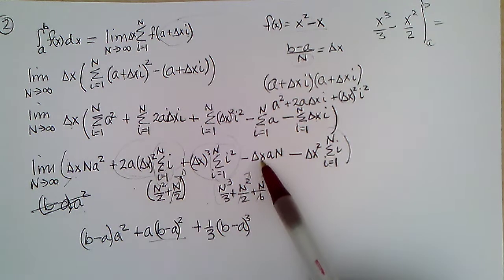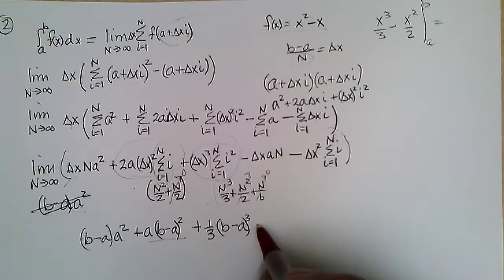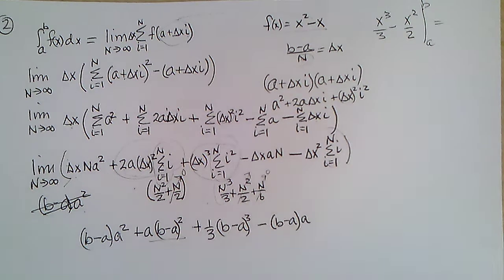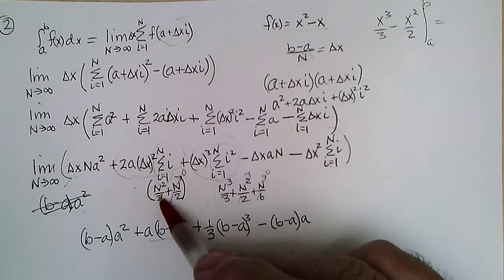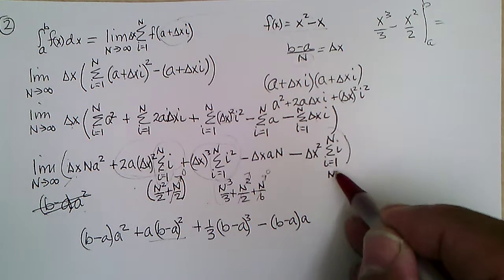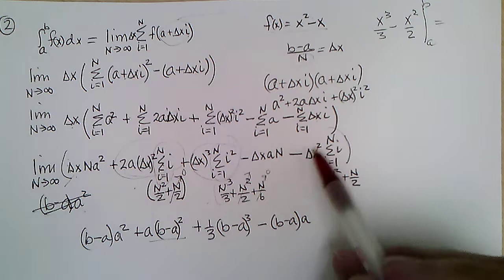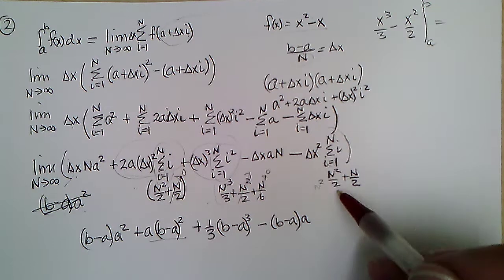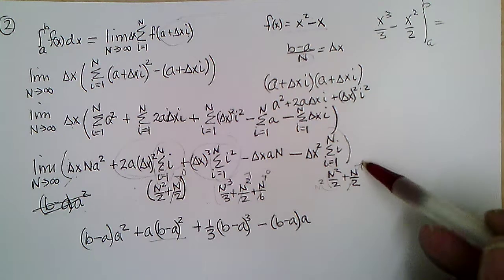Now this one has a single n, that n will cancel, and so I'm going to have a minus a, b minus a times a. And again, we have this formula, n squared over 2 plus n over 2. And this is delta x squared, so that'd have an n squared in the denominator, which would make this be a half, and this part, because there'd be an extra n in the denominator and n goes to infinity, would go to 0.